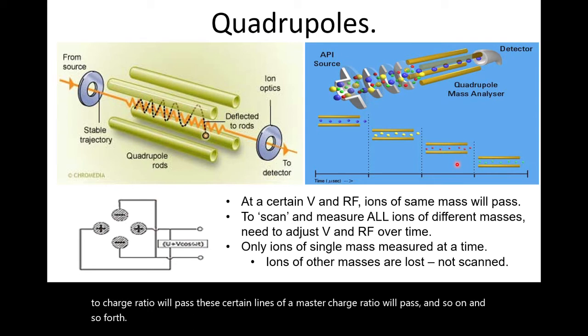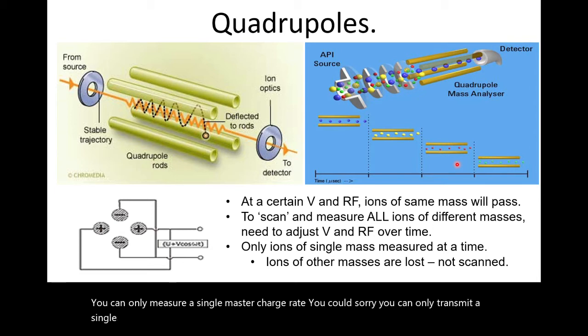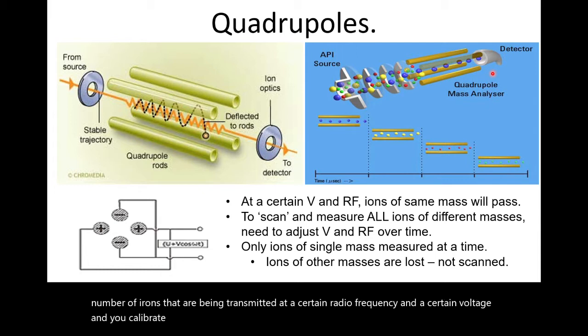You can only transmit a single mass to charge ratio at a time to the detector. So the detector is just counting the number of ions being transmitted at a certain radio frequency and a certain voltage, and you calibrate the instrument to say if the detector measures ions at this voltage and this radio frequency, it is this mass.